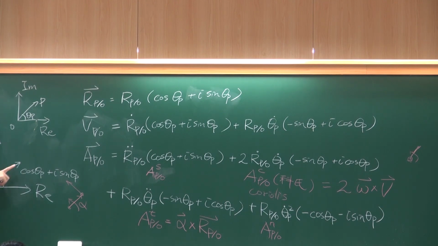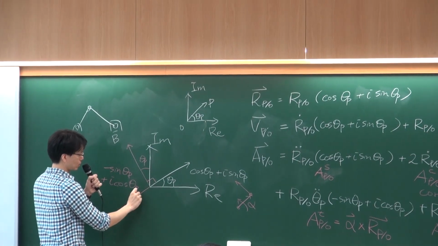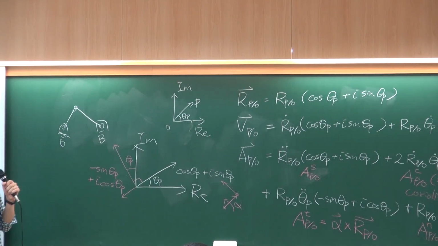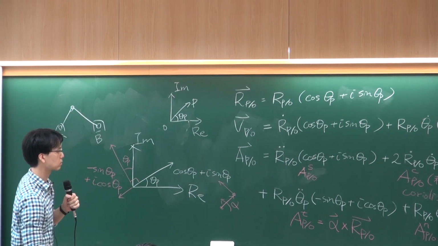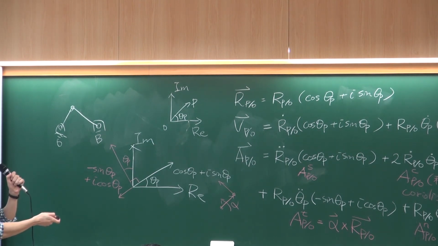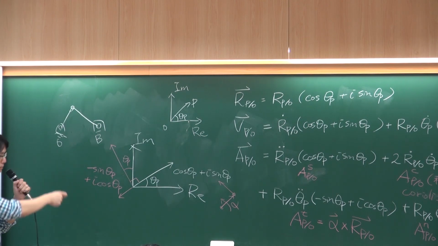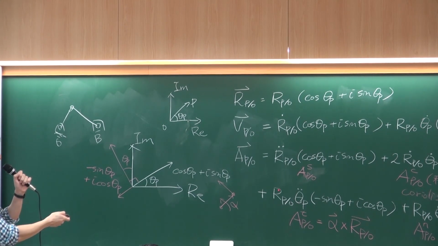If my original unit component is pointing this way, then the centripetal component, or the normal component, is pointing this way.